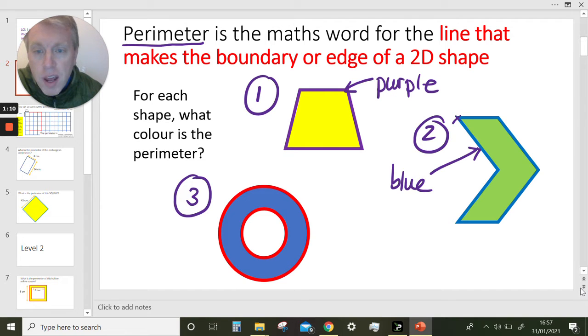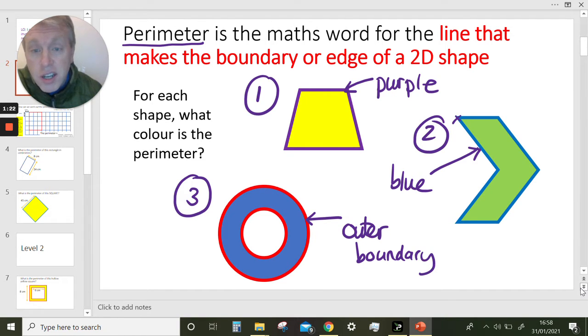And for shape 3, oh look, it's actually got an outer boundary, it's got an outside edge, and it's got an inner boundary or edge as well. And both of them are red, so the answer here is red.